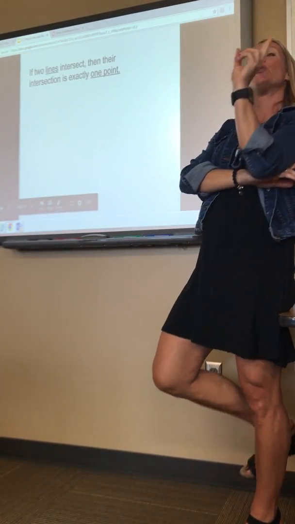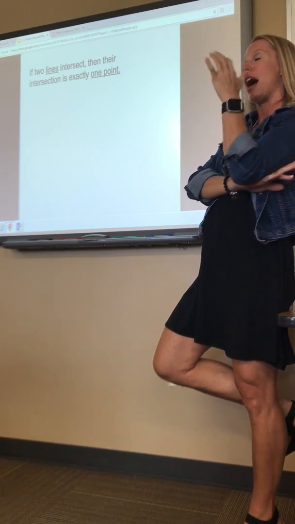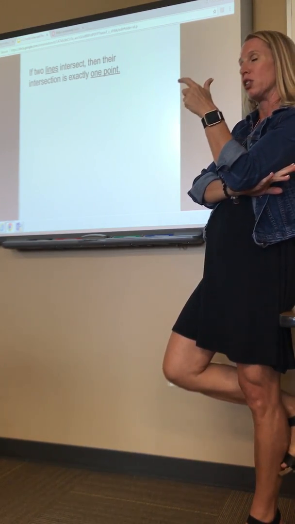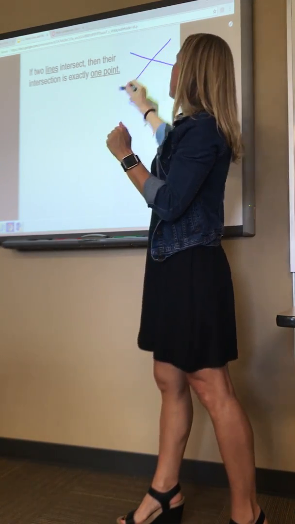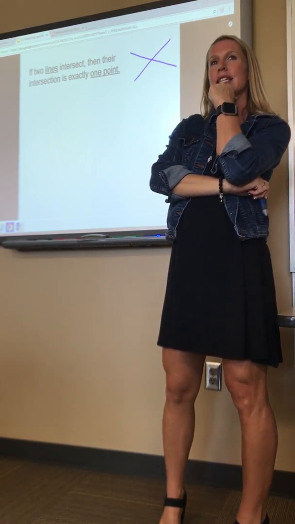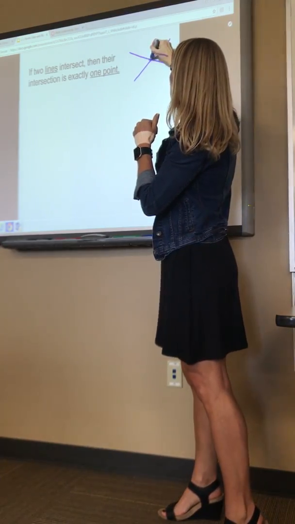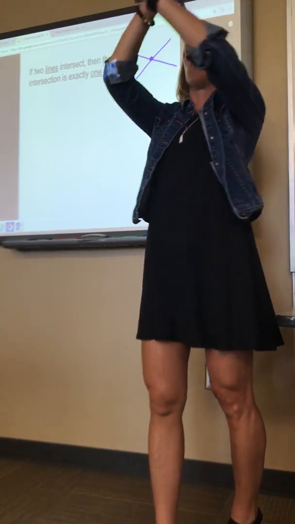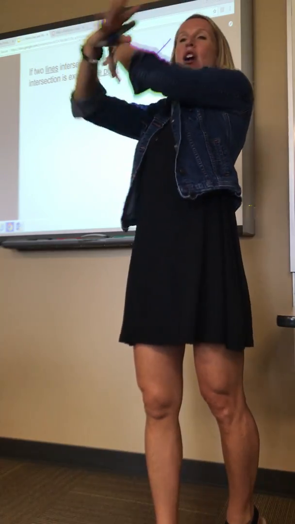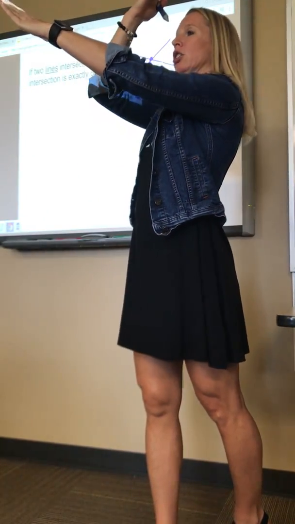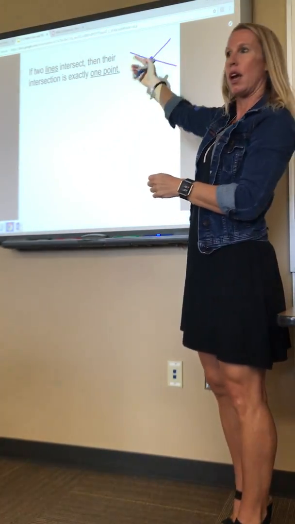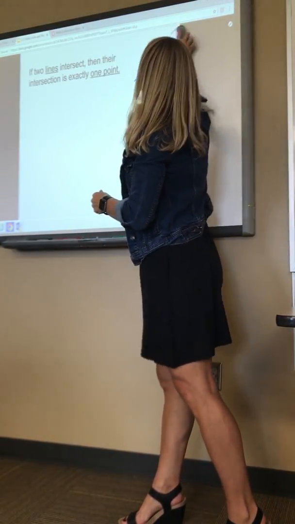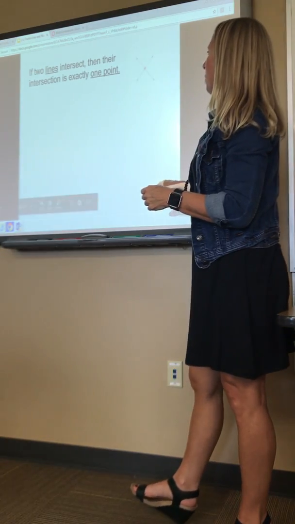Okay, this is the last thing you have to know, and this will be on your test too. If two lines intersect, their intersection is exactly one point. The lines will never turn and cross again. If two lines intersect, they only intersect in one spot, and that's a point. What about planes?